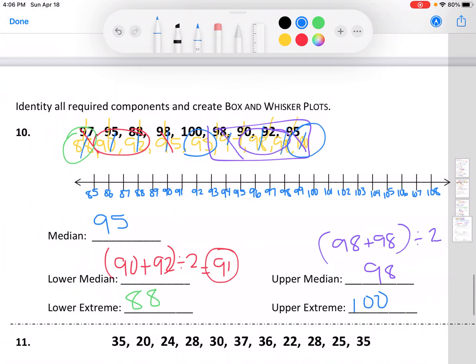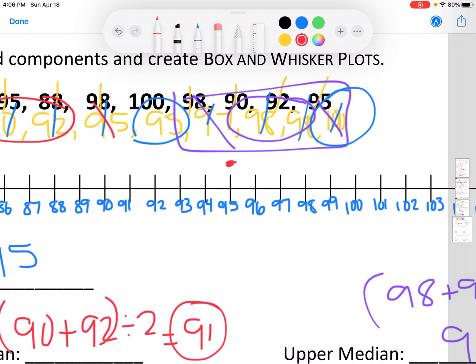Alright, then I'm going to plot my points on my number line. So we have a 95, a 91, an 88, 100, and a 98. Box around the middle 3 points, draw in my median, and draw out to my whiskers.